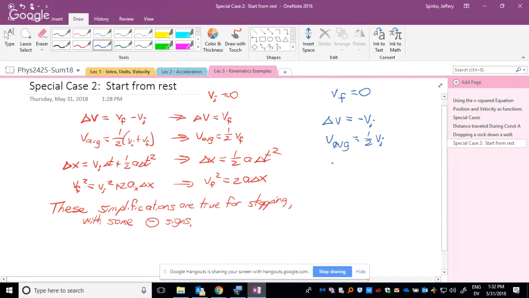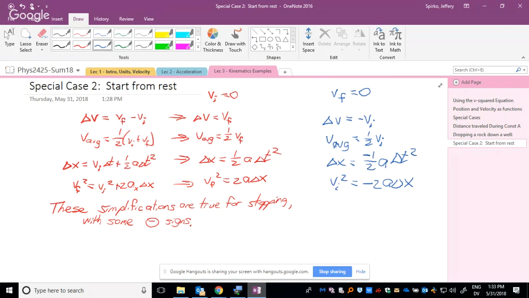No minus sign. Delta X is minus 1/2 A delta T squared. And VI squared is minus 2A delta X. So that's what I mean by the equations are basically the same as if V initial is equal to 0, except there's some minus signs.